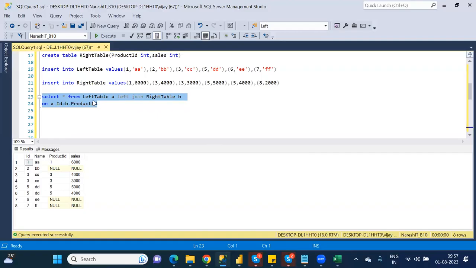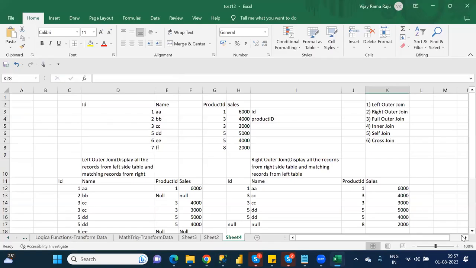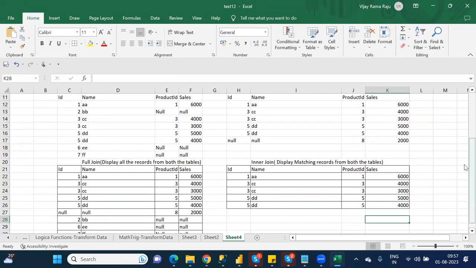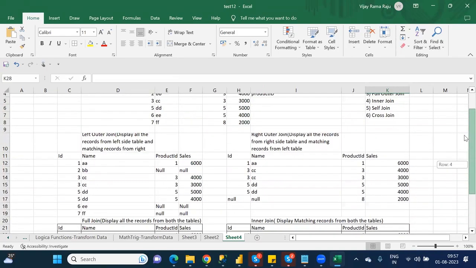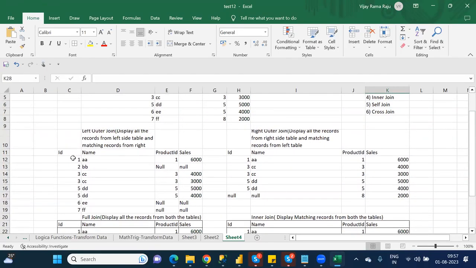After executing this select query, 8 rows are displayed. The same 8 rows are available here or not? How many rows is it? Both are the same or not? See, if you want, you can check it also.